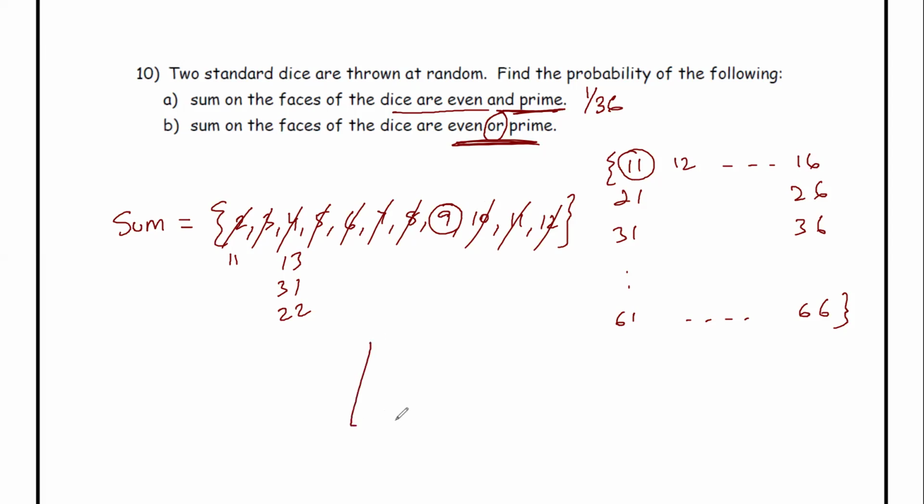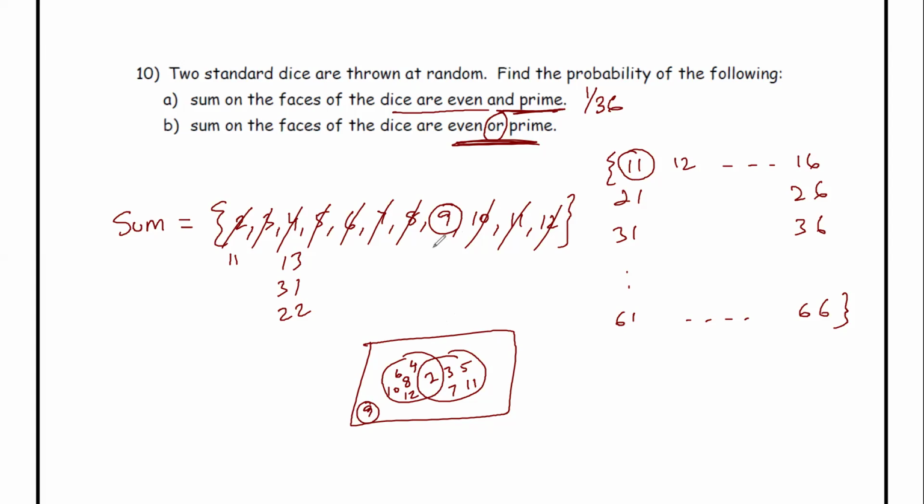Just for clarity, if I were to draw this set: 3, 5, 7, 11 will come here, and 4, 6, 8, 10, and 12 will come here. Understood? So what is left out of the A union B set is only 9. So I just need to find the combinations that give me 9.